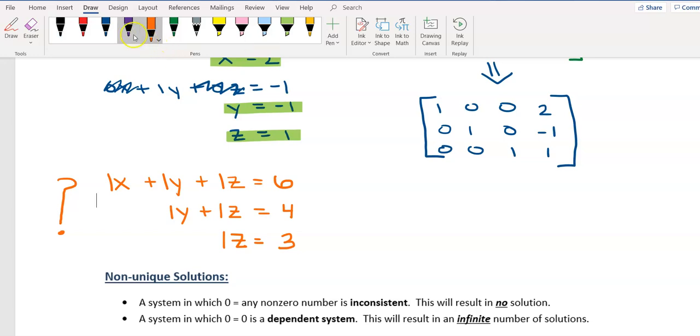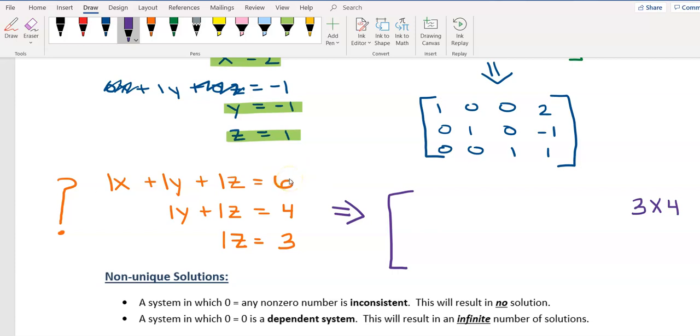But if you wanted to check yourself on the calculator just to make sure that you have it correct, you can certainly do so. If you wanted to put this into the calculator, you would still need 3 rows because there are 3 equations, and you would still need 4 columns because your longest equation, which is the top equation, has 4 pieces, an x, a y, a z, and what it's equal to.